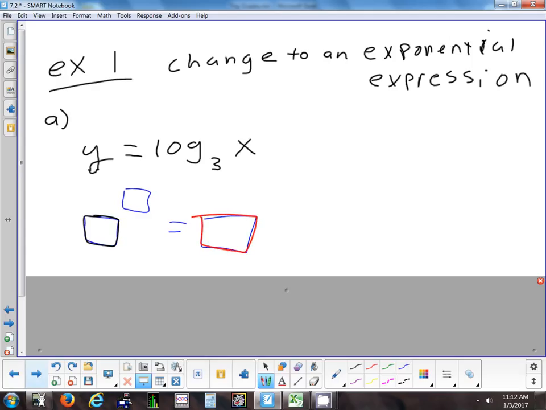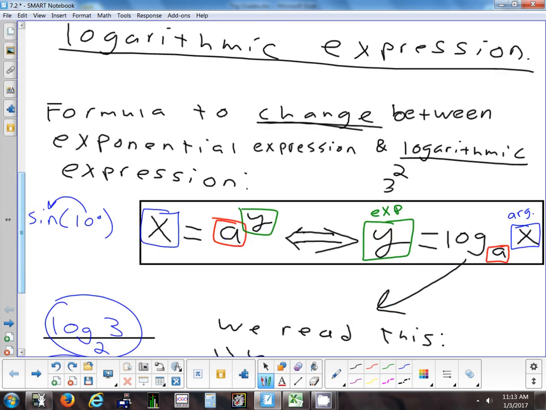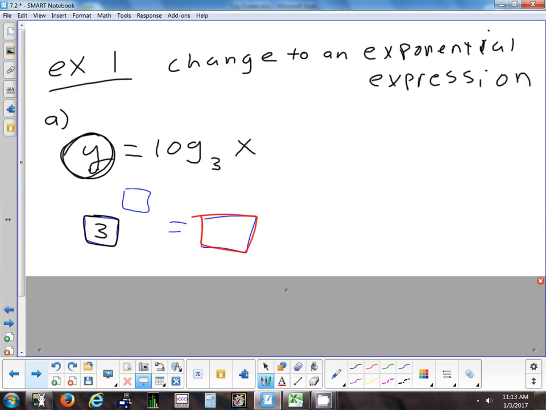Yeah, the black box, that's the base. So there's my base. And now earlier I said that the logarithm always equals, what's this number that's always by itself? That's always the exponent. So logarithm always equals exponent.